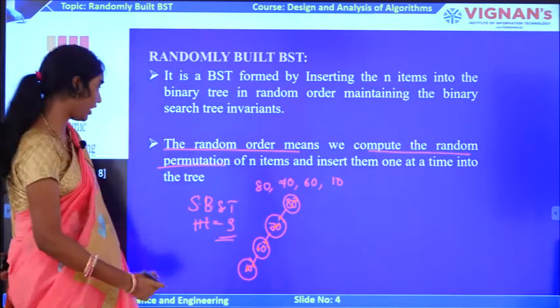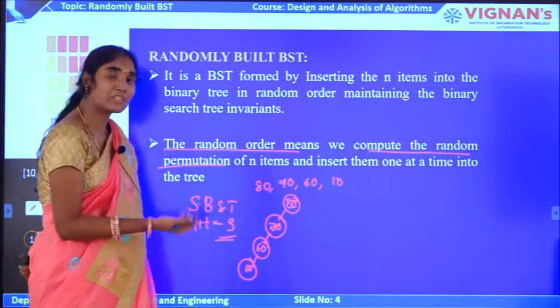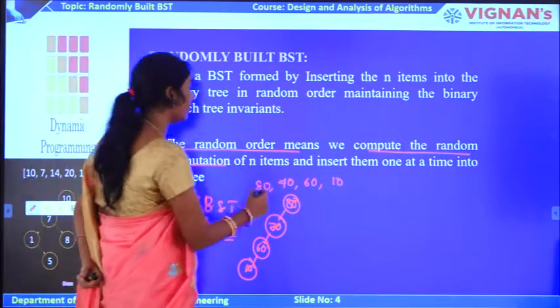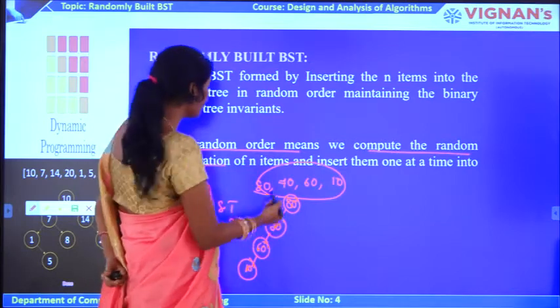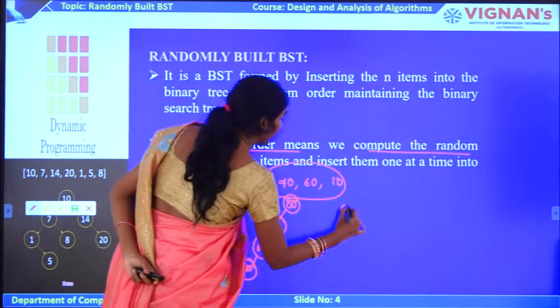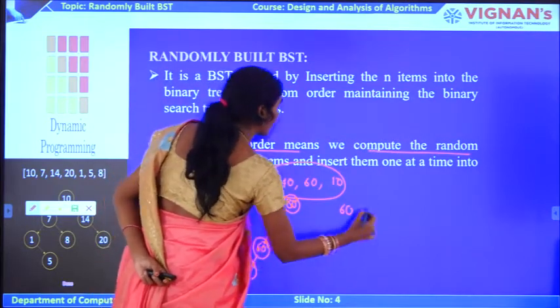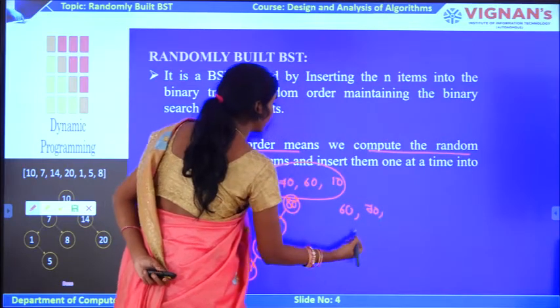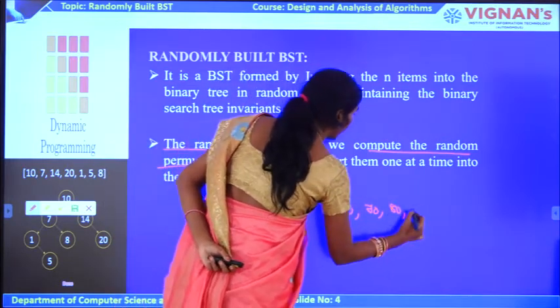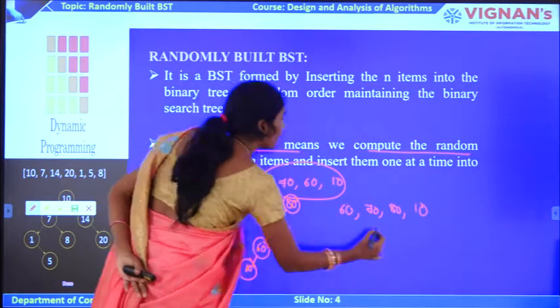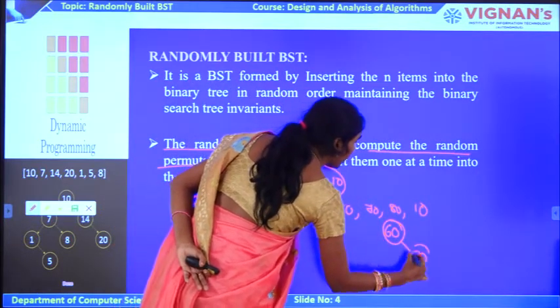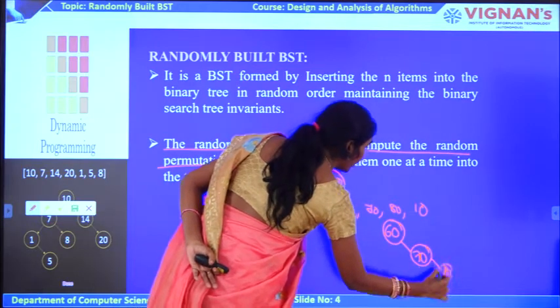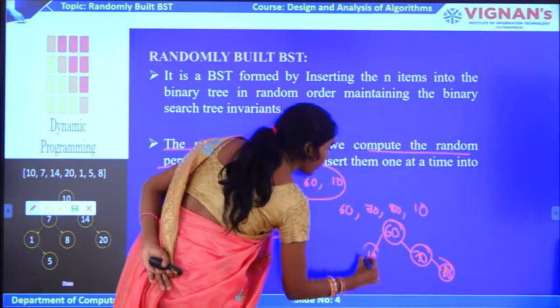Now if I go with a randomized permutation, that is, I reorder them using a randomizer function, maybe I get a list like this: 60, 70, 80 and 10. Now I insert 60 first, then 70, then 80 and then 10. What is the resultant height?